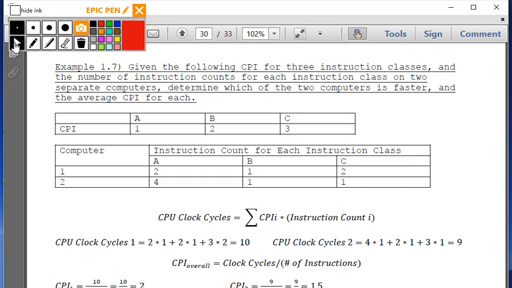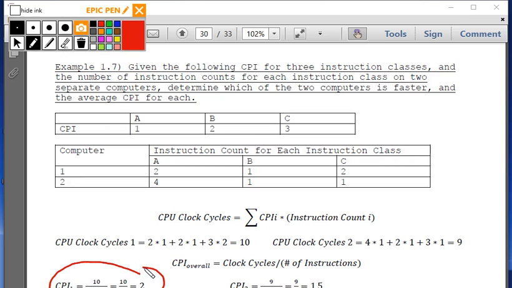So now we use our average CPI equation. This just becomes the sum of CPI times instructions, divided by the summation of the instruction count. Here is the CPI of computer 1. The equation is here, but I'm going to show you how we derive this.